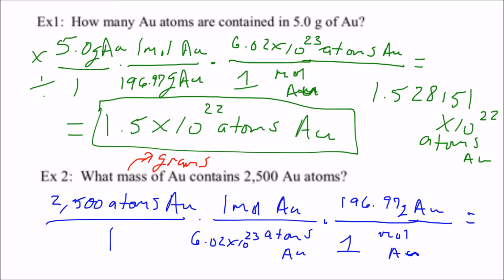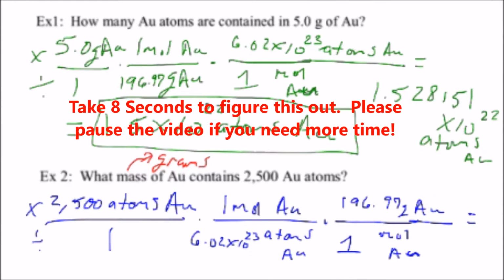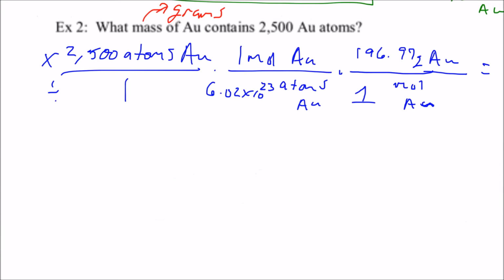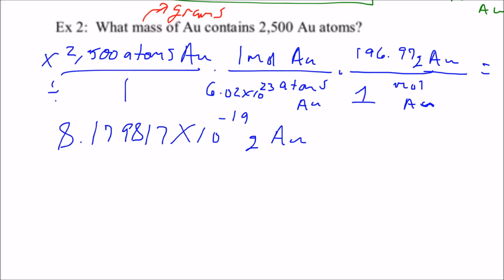Alright? So now we multiply across the top and divide along the bottom. So you take a second and see if you can figure out what that is. Okay, I'm coming up with 8.179817 times 10 to the negative 19th, and that would be grams of gold.